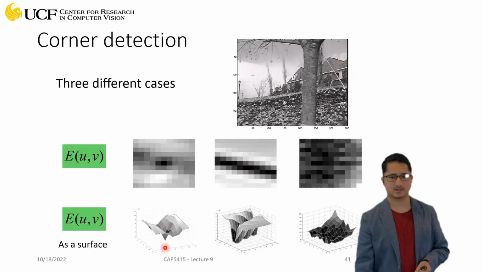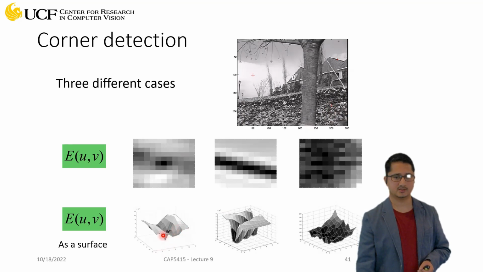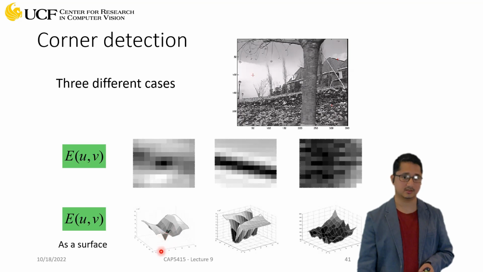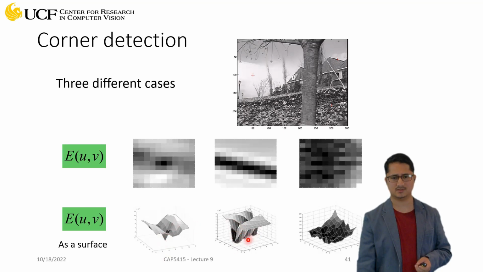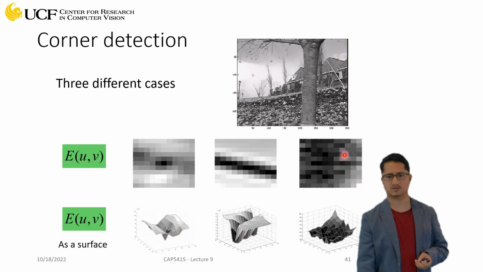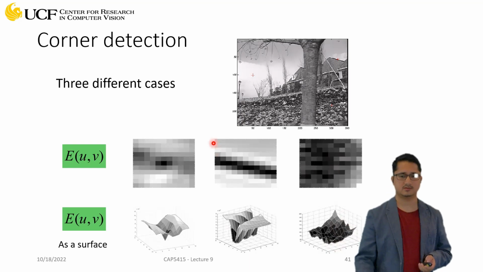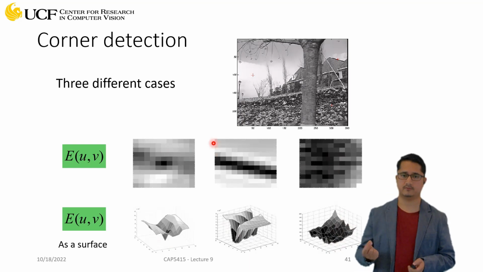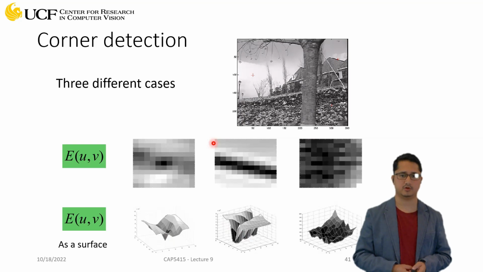Okay, and this kind of response you will get from the ground. And you can see that you have this kind of peak over here. And this peak is something which we are interested in. So this peak will define whether you have an interest point or not. So in a way, you can see that we have an interest point here because this is kind of a peak here, right? And this is an interest point, but this is not so interesting. The values are not changing a lot. Okay, so that's how you can use this autocorrelation to find corners in your input image.